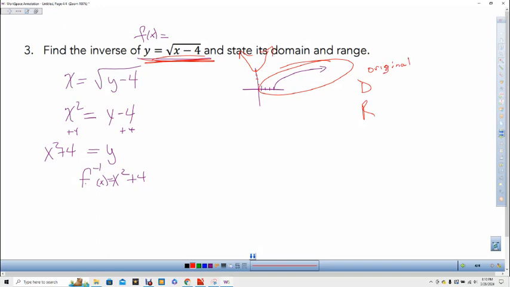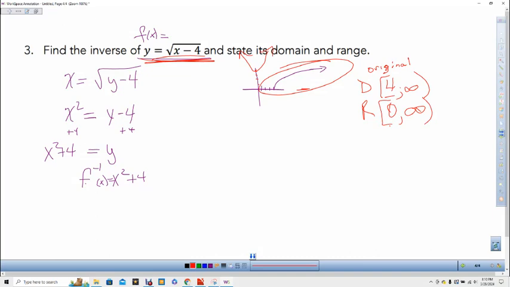The domain is going to be from 4 inclusive, including the value 4, and it's going to go off to infinity. The range, remember, is the y values, so that's going to start at 0 and go up to infinity. And once again, we can include the 0.